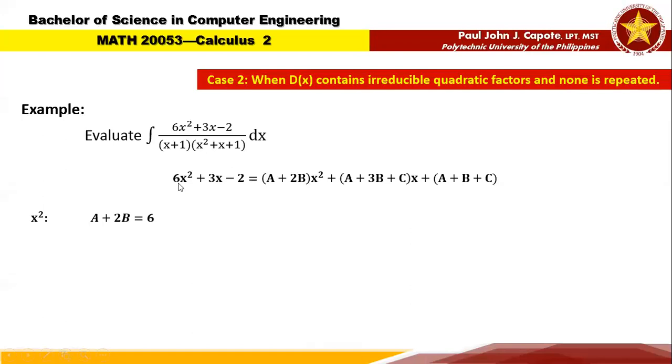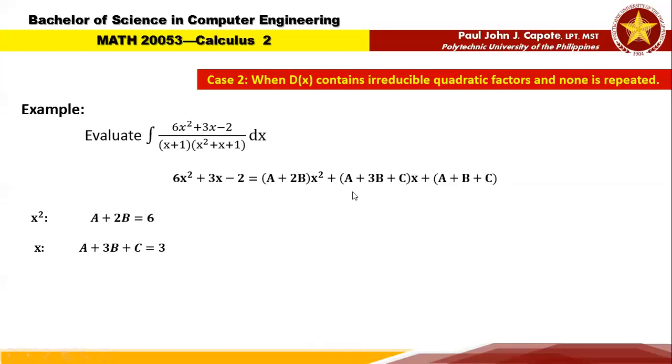So the same thing goes with the second term. For the numerical coefficients of x, we will equate a plus 3b plus c, which is the numerical coefficient of the second term in the right-hand side of the equation, to the numerical coefficient of the second term in the left-hand side of the equation.